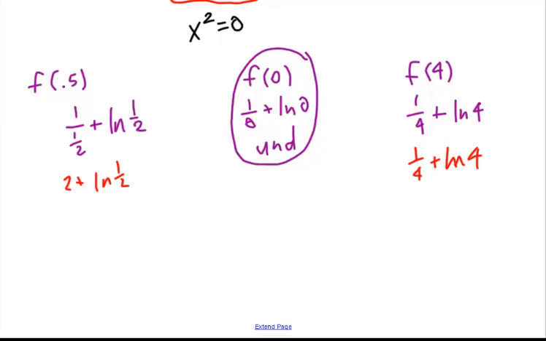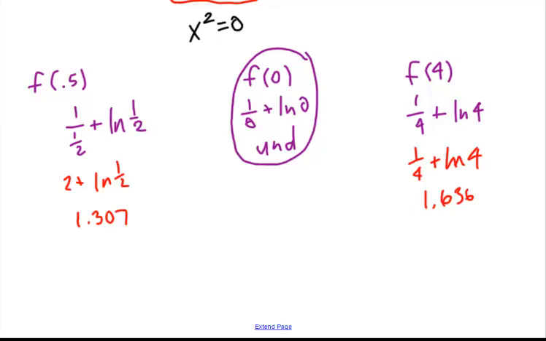So punch them in on your calculator. 2 plus natural log of 1/2 is 1.307. And then punch in the other guy. This guy's going to be 1.636.